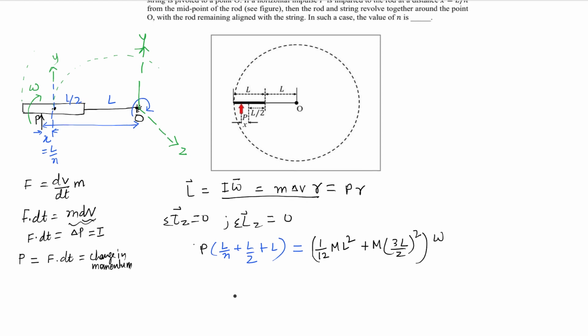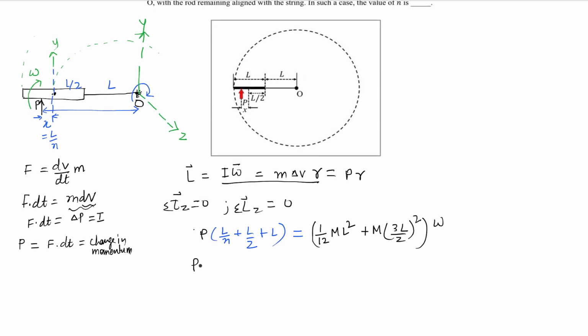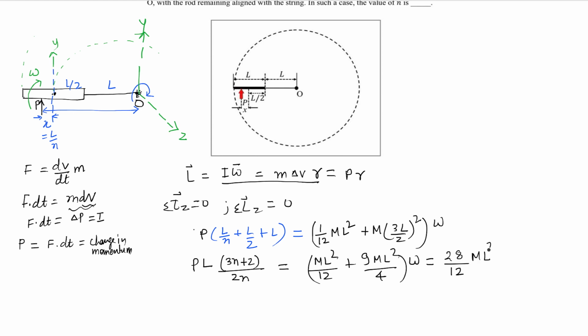Now this one becomes PL into (3n plus 2) by 2n, and that should be equal to ml square by 12 plus 9 ml square by 4, times omega, which is nothing but 28 by 12 ml square omega.